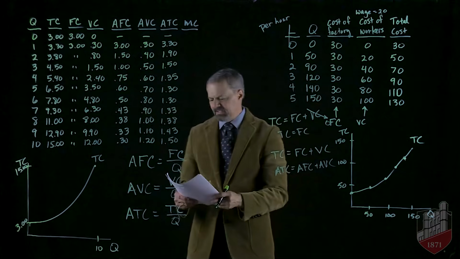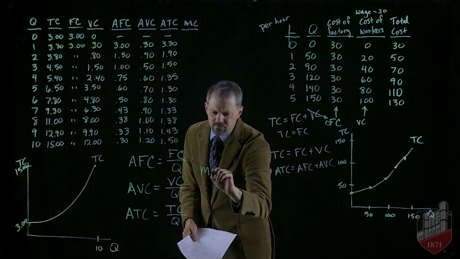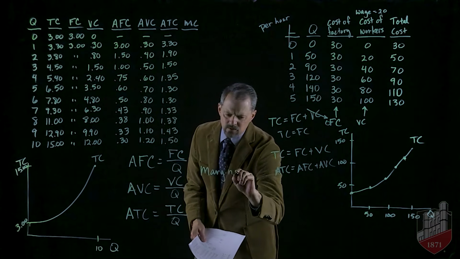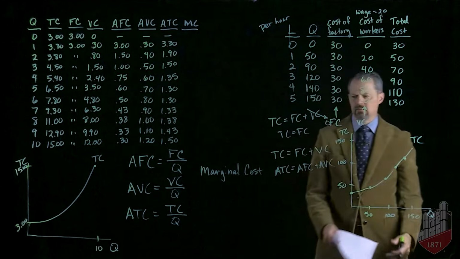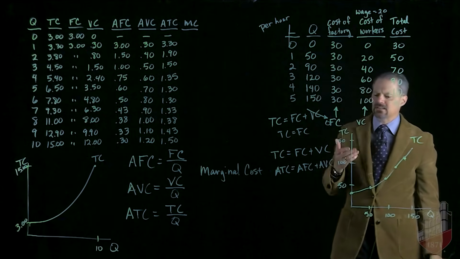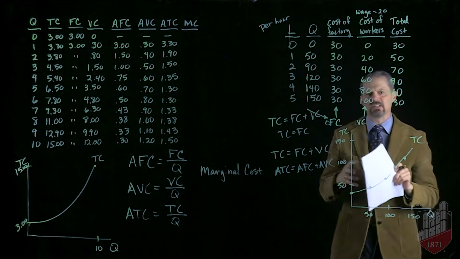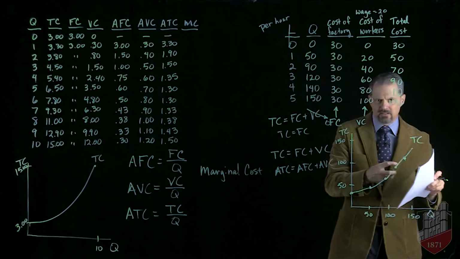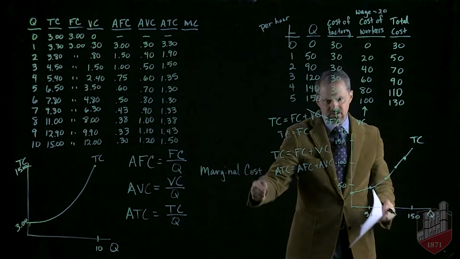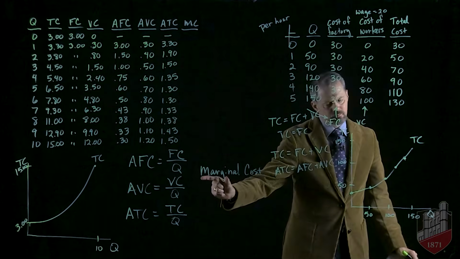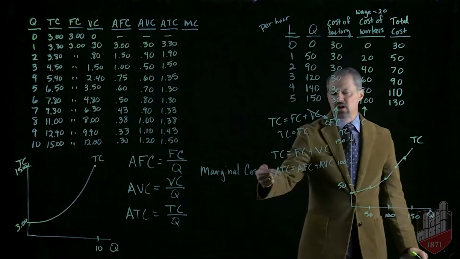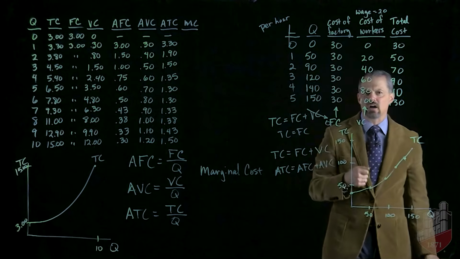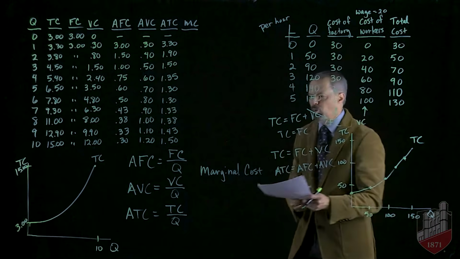And then finally, let's think about marginal cost. This is the most important one for this chapter. So marginal cost, anytime you've got marginal anything, it's the change in whatever this word is. Marginal, that phrase just means change in. So marginal cost is the change in total cost when you change output by 1 unit.